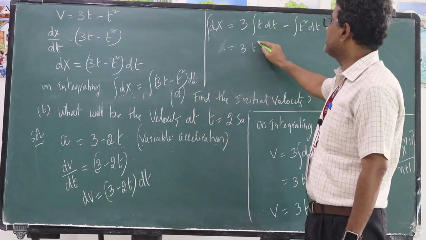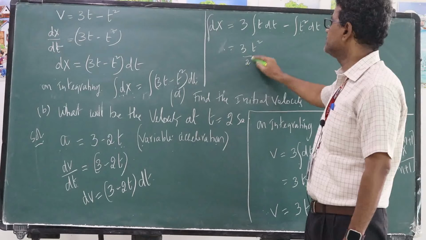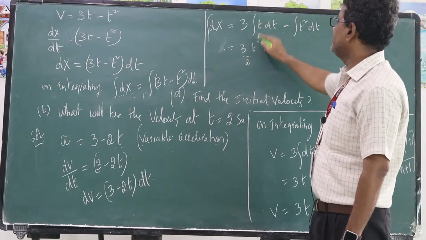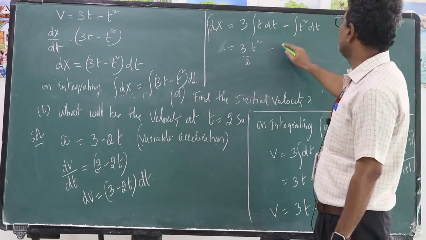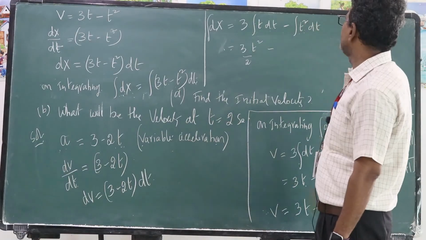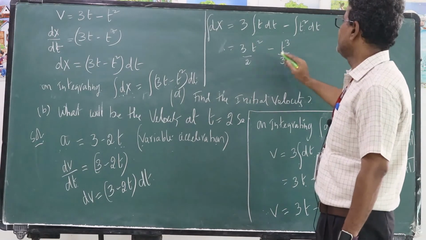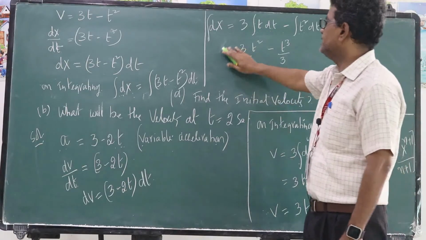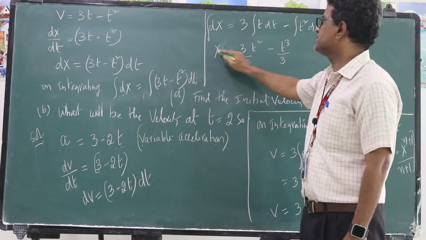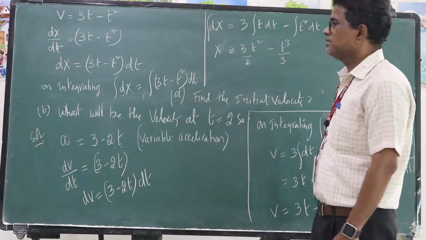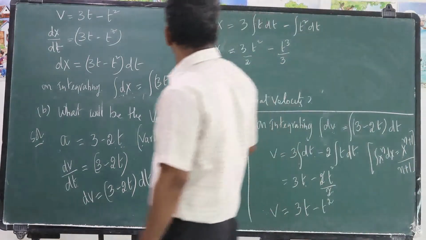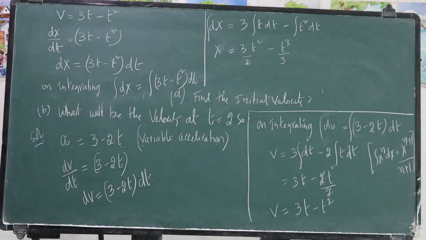So t square by 2, where 2 is a constant, minus integral t square dt, which is t cube by 3. Integral dx is x, so we got x as a position of t.